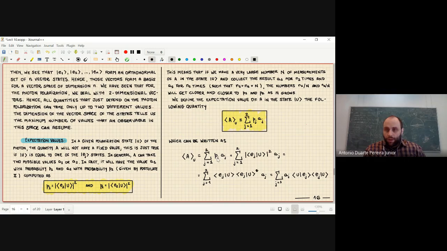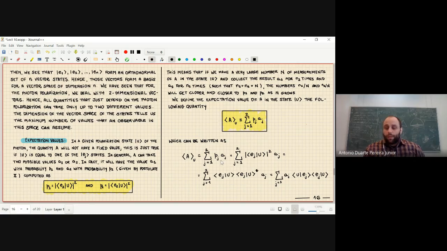But Pj is the probability of getting the value Aj if the system is prepared in the state U, and this is by definition just the absolute value squared of Ej times U. So I'm just replacing Pj by this expression here, and this multiplies Aj, which is here.